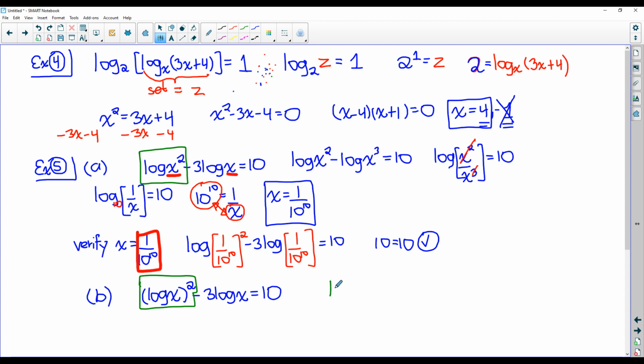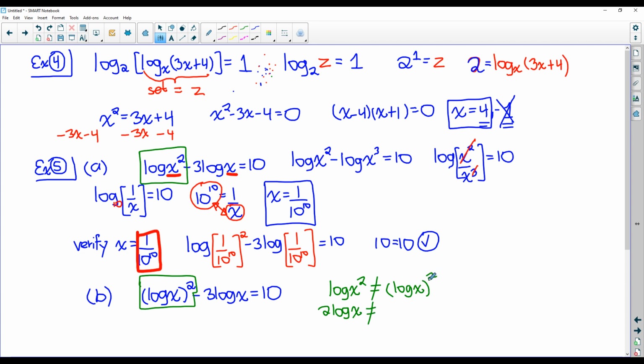So the issue we're having is that log of x squared is not equal to log of x all squared. Log of x squared, where you just square the argument, would be 2 times log of x.